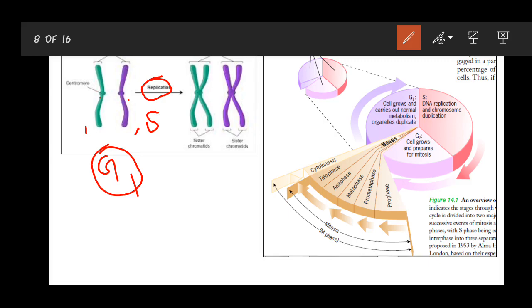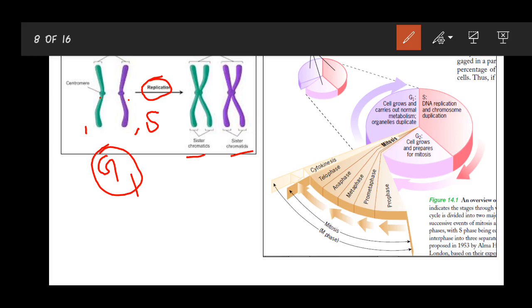And here you can see these are called sister chromatids. This is a sister chromatid, and this is a sister chromatid. So sister chromatids are generated as a result of replication of a chromatid, and hence sister chromatids will be like clones because they are an exact copy, a result of replication.